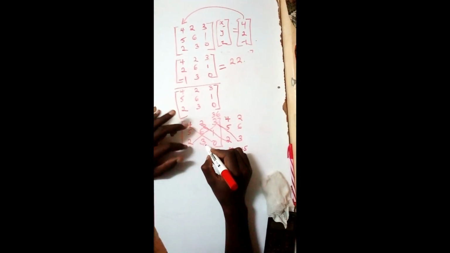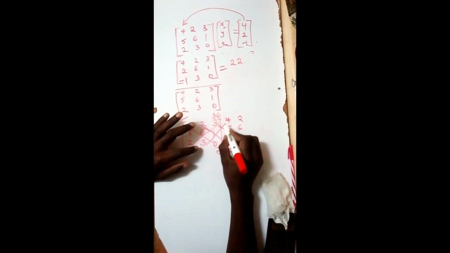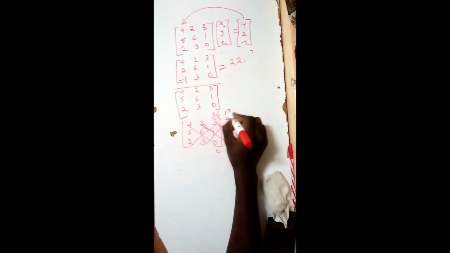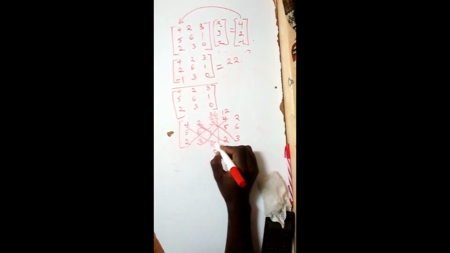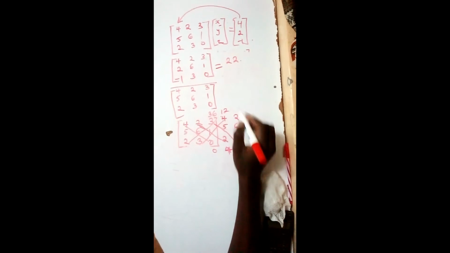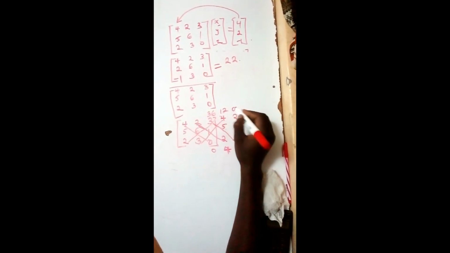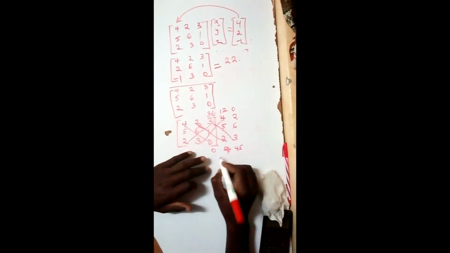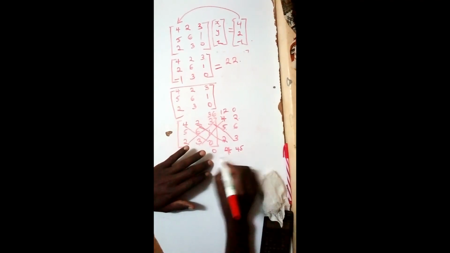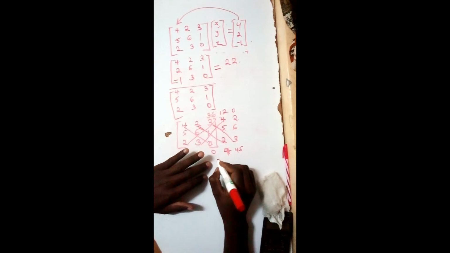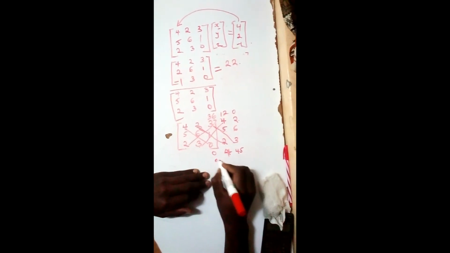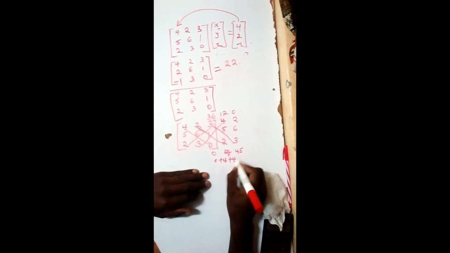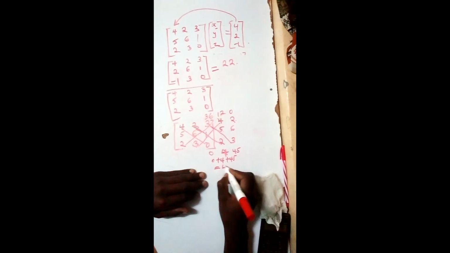Then 3 by 1 by 4, which is going to give us 12. Then 0 by 5 by 12, it's going to give us 0. Then we are going to add the value of the principal diagonal, which is 0 plus 4 plus 45, which is going to give us 49.